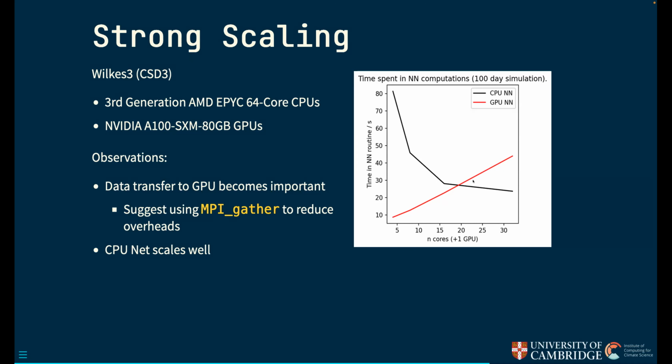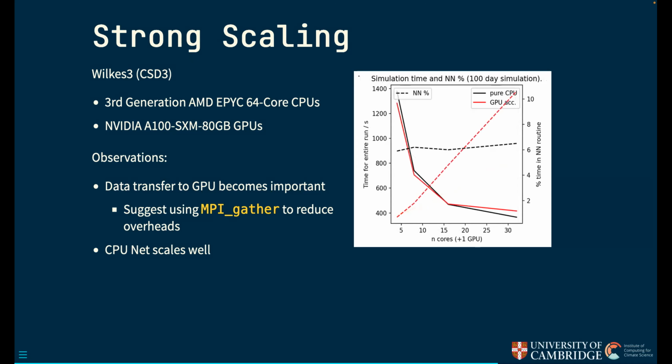This is likely because for low numbers of cores, you're doing data transfer only 4 times for 4 cores, but if you've got 32 cores, you're transferring 32 segments of data. And as we said earlier, data transfer is particularly expensive in these simulations.